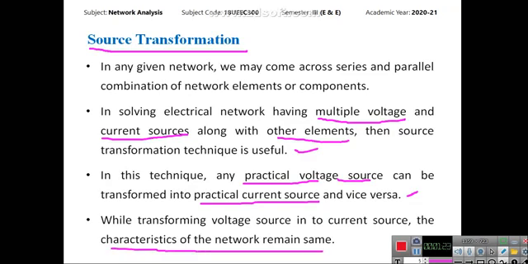So whether you need to transform the voltage source into a current source or a current source into a voltage source, it will not affect the characteristics of the network. Then you can accept this technique, that is the source transformation technique.